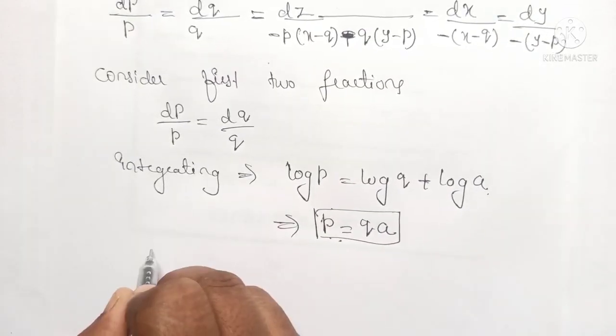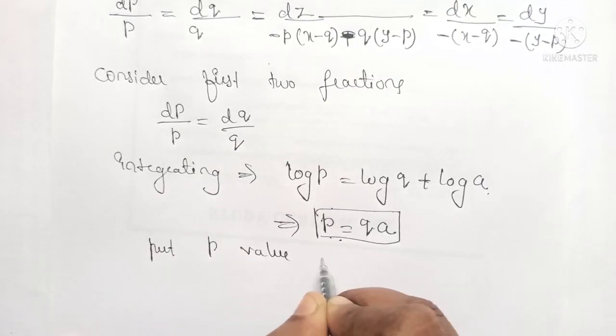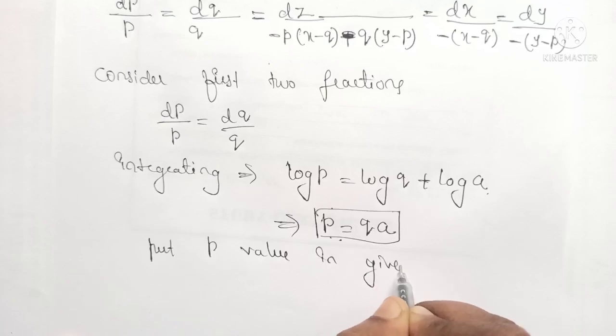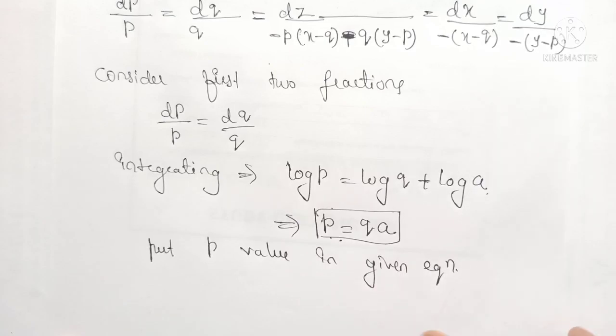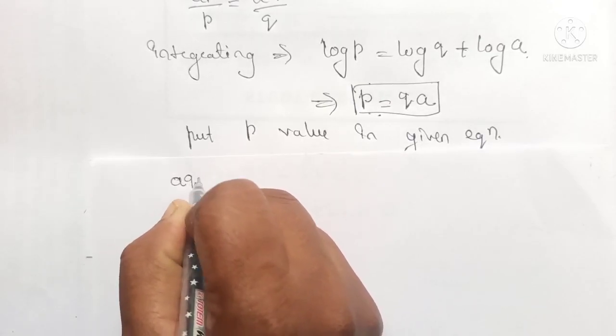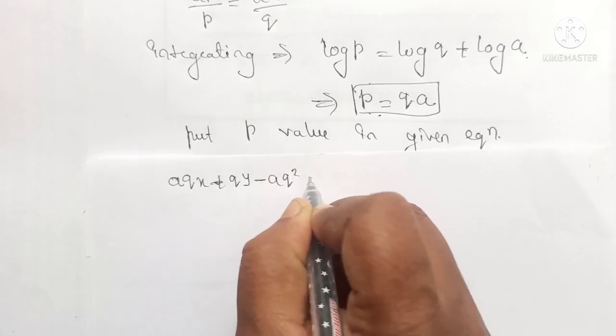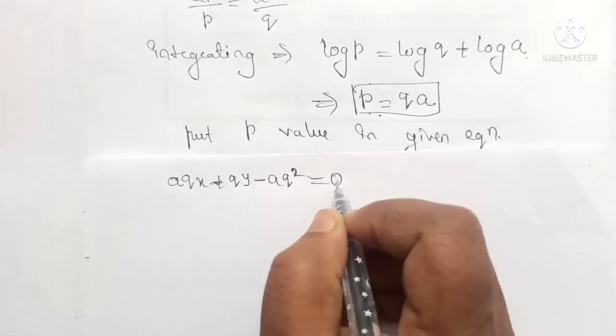Now put this value of p in the given equation, so that the given equation becomes aqx plus qy minus aq square equals 0.